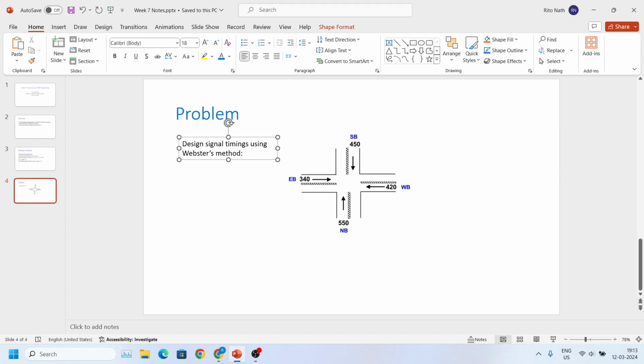And you would need additional information. So this is given two-phase signal system, this intersection have. And the total hourly volumes for all approaches are like shown in the figure. And all red time is given.